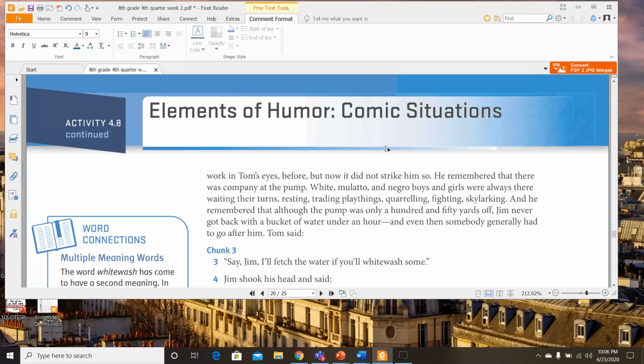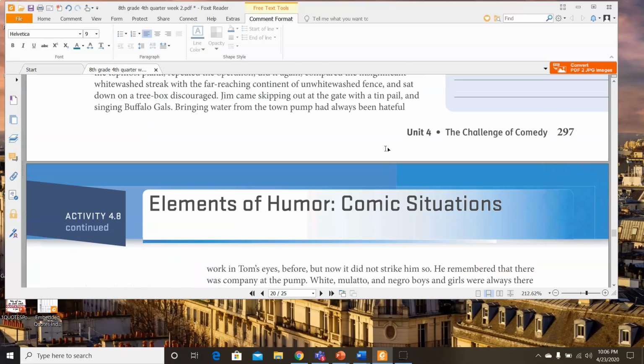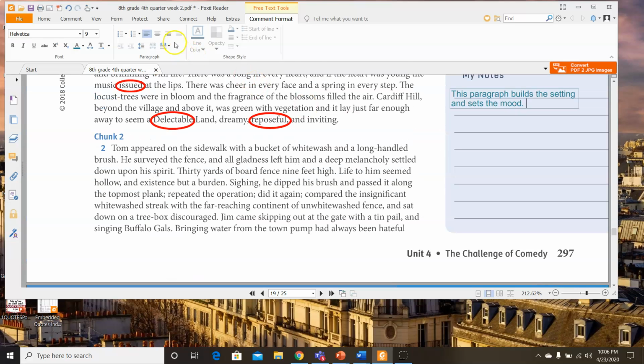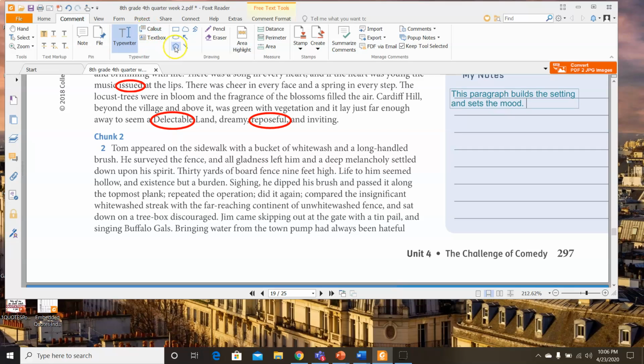So I'm going to stop here and annotate this paragraph with you too. I'm going to first look for words and phrases that might be unfamiliar to me. So whitewash. You guys might not know what whitewashing is. That's something that you might want to investigate. And then there's melancholy. Life seemed hollow, existence but a burden. So he's having a hard time.